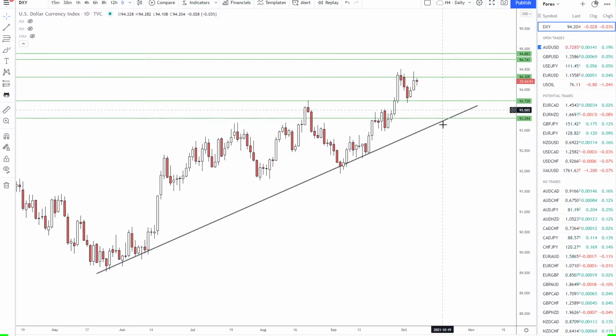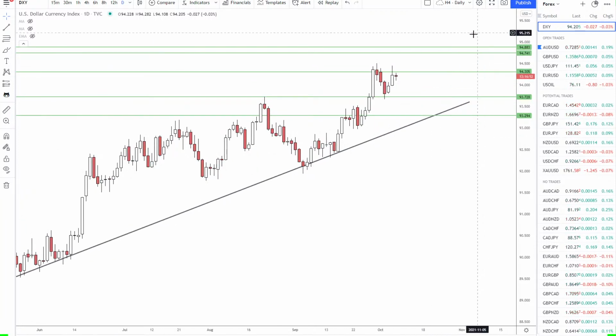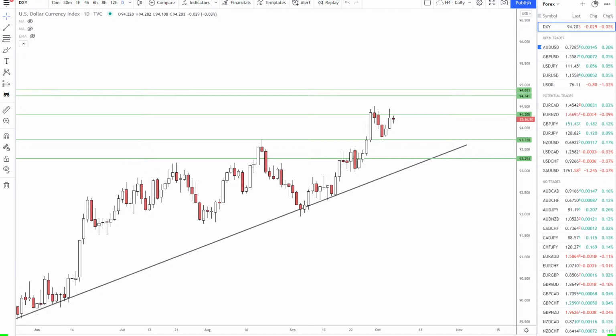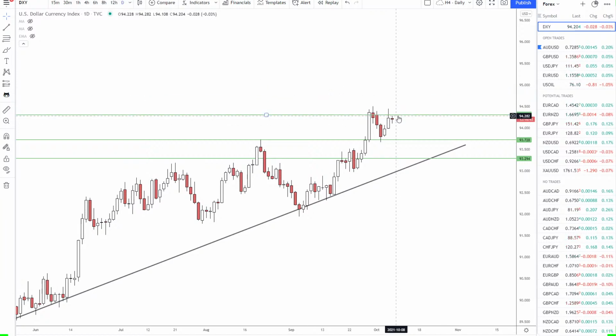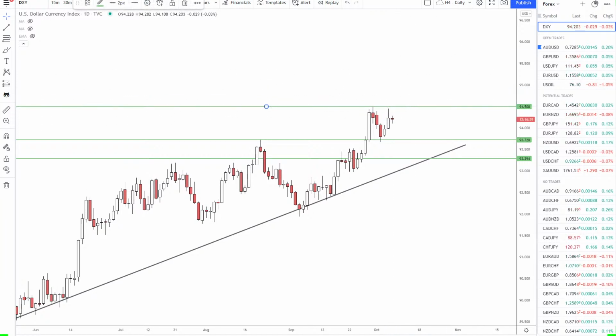So basically, DXY right now, if you apply some technical analysis to it, and I'm honestly not that sure how good technical analysis is for the DXY, but if you do, it is sort of stuck in a range so far.